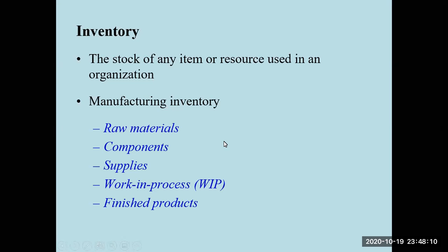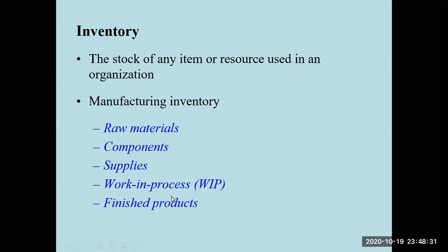Manufacturing inventory: raw materials such as wood, steel, plastic. Using raw materials to make something, parts or components, they are also manufacturing inventory.